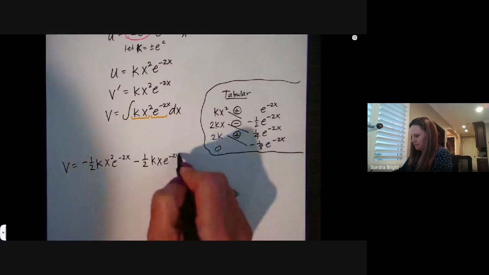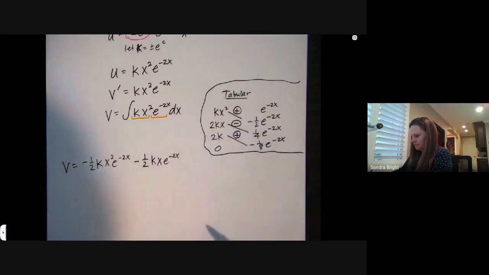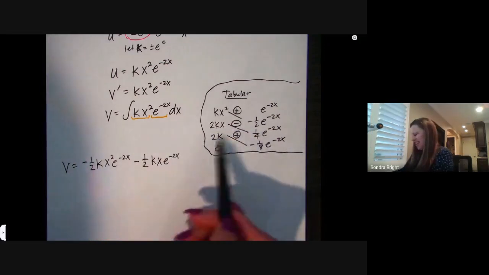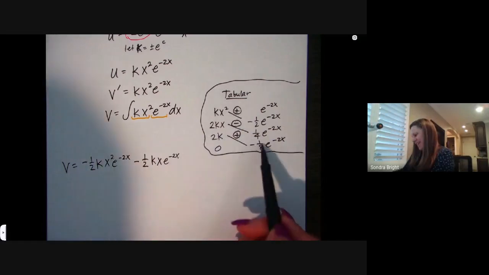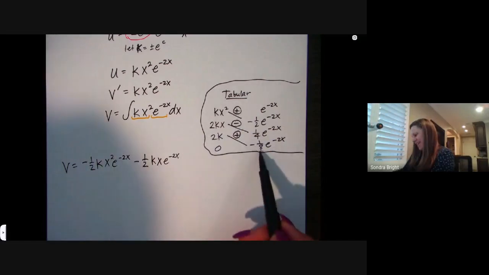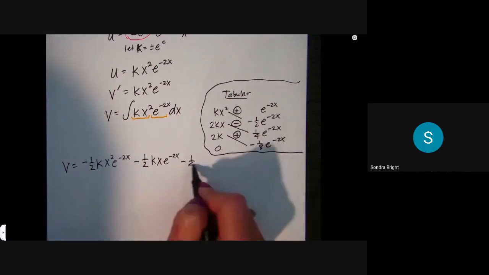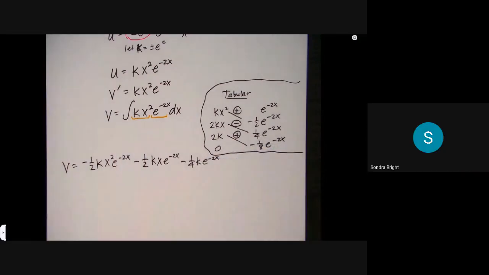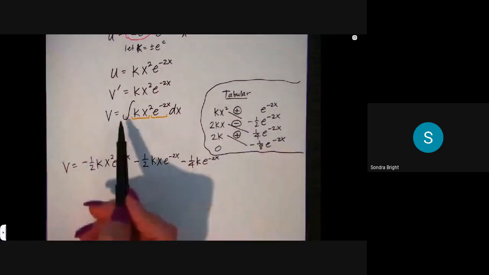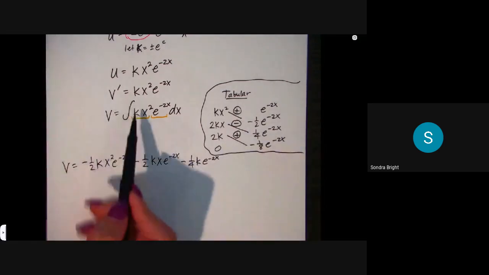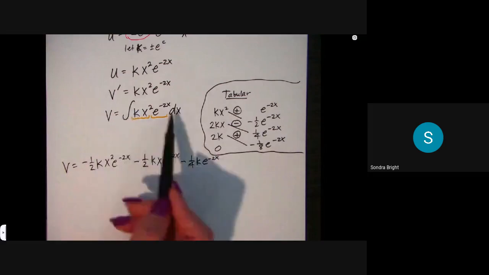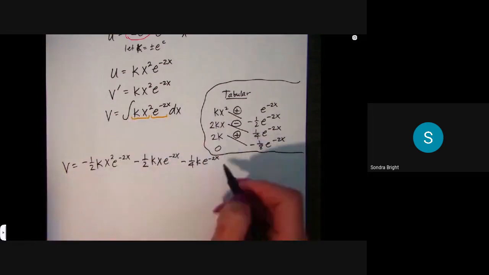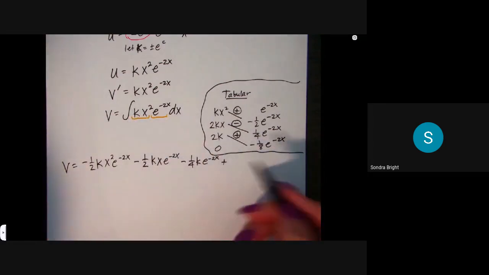And then the last one would be a positive 2k times negative 1/8, so that's a negative 1/4 k times e to the negative 2x. And this was an indefinite integral, so plus some other constant. Let's call it c for right now.